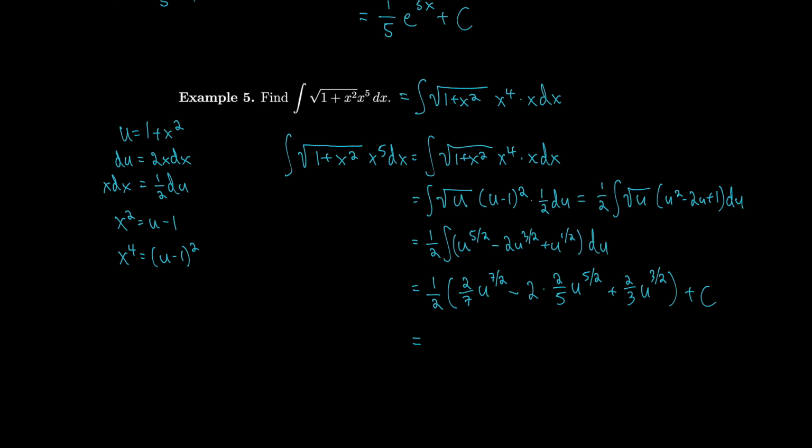Now we have to not forget to substitute back. So we get 1/7 (1 plus x squared) to the 7 over 2 minus 2/5 (1 plus x squared) to the 5 over 2 plus 1/3 (1 plus x squared) to the 3 over 2 plus c.